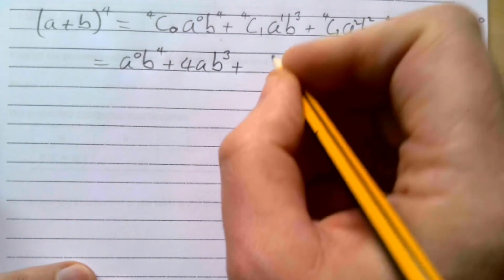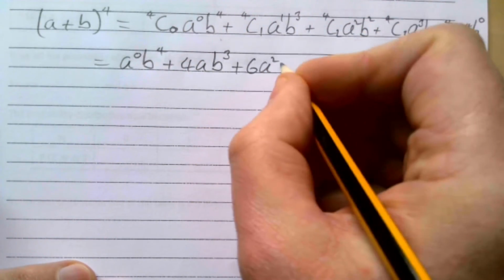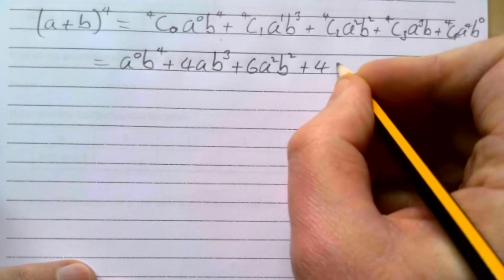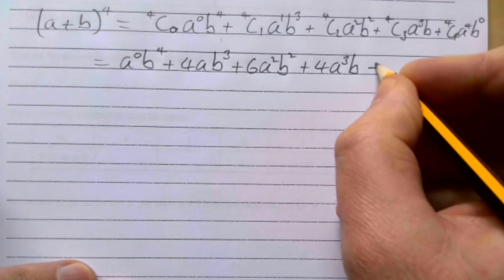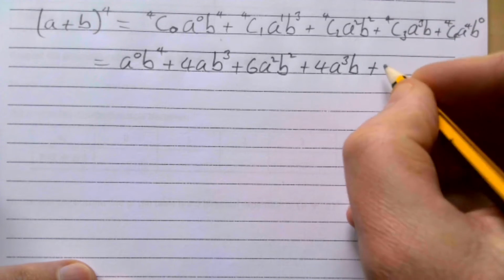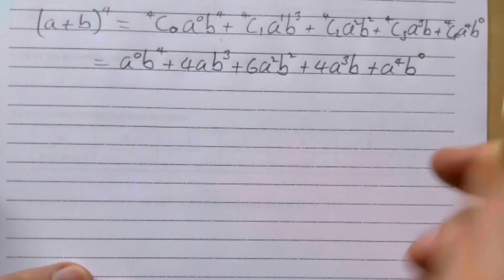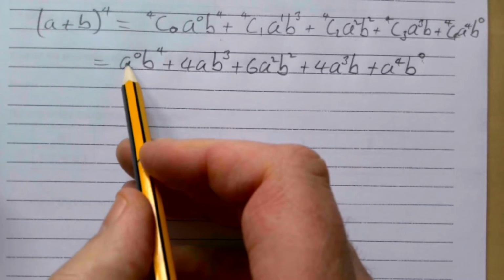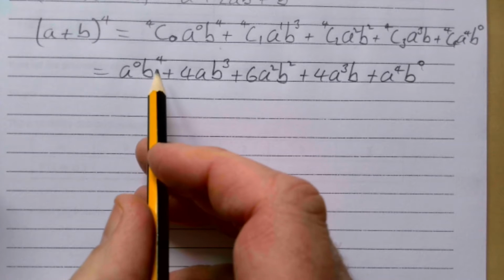This is the one I put in the calculator, 6A squared B squared, plus 4A cubed B, plus 1 A to the 4 B to the 0. You can obviously tidy this up again very slightly by dropping the A to the 0 and the B to the 0, and that's where we are. But I hope you see the pattern there on how it all works out.